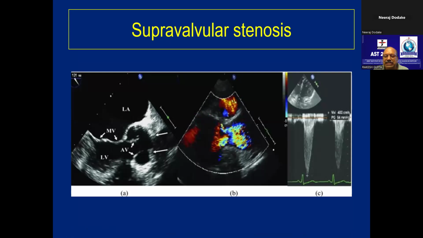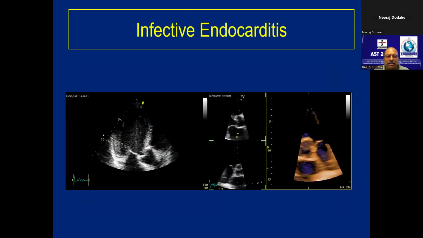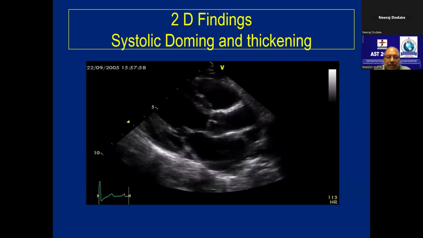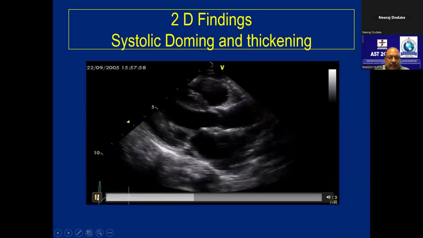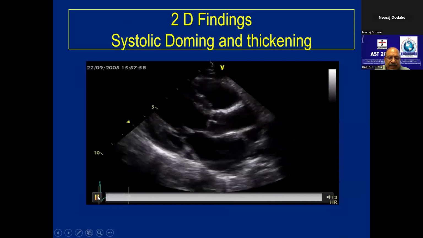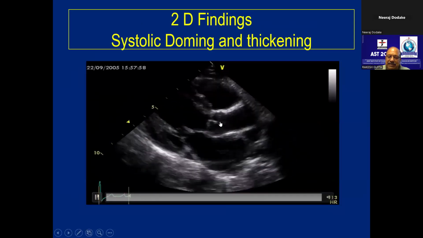The valve leaflet would be restricted, not juxtaposed. Look at the valve leaflets. They are not juxtaposed. Now look, the valve is opening up over here. So when the valve opens, it will be systole. So at that time, we have to look for the doming. In the mitral valve, we look in diastole. Here we look in systole.